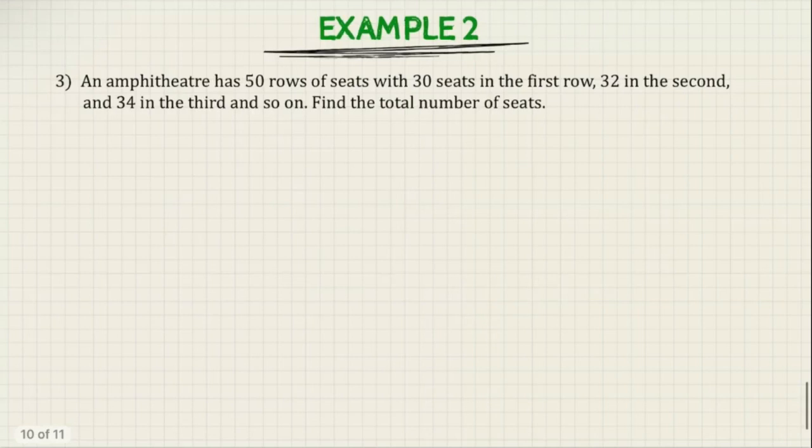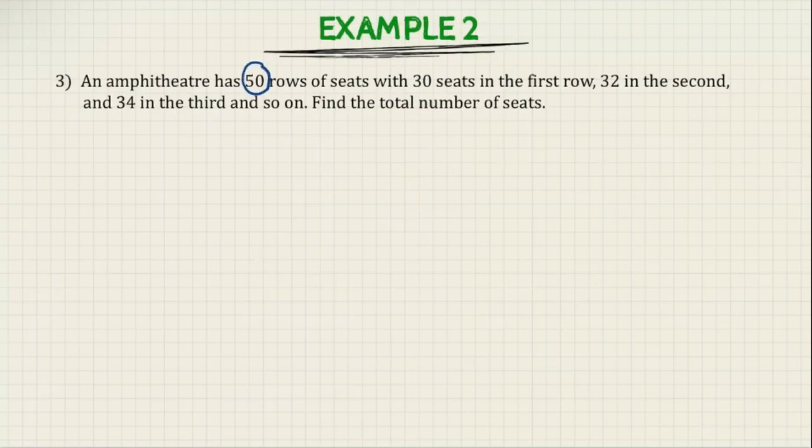Okay, example yang ketiga ini. Amphitheater has 50 rows of seats with 30 seats in the first row, 32 in the second, 34 in the third and so on. Sampailah row yang ke-50. So dekat sini sebenarnya kita dah tahu n kita adalah 50.